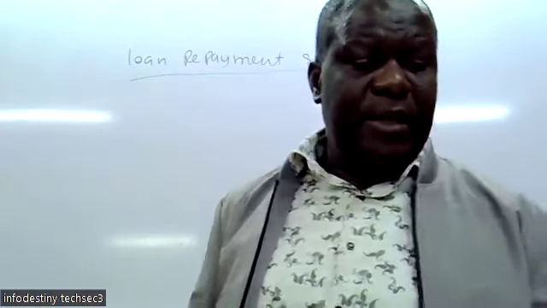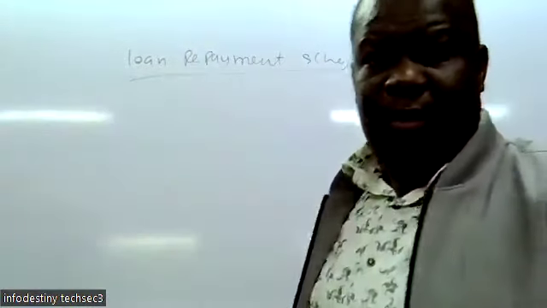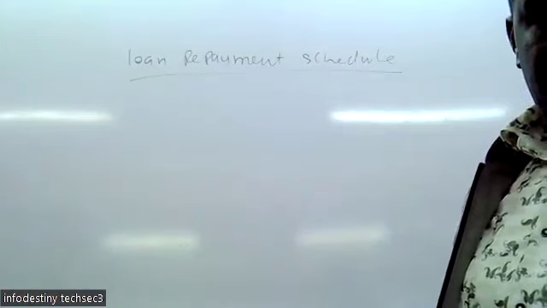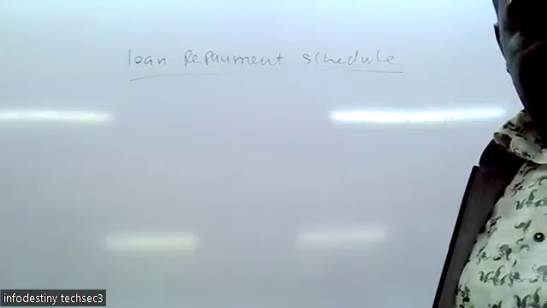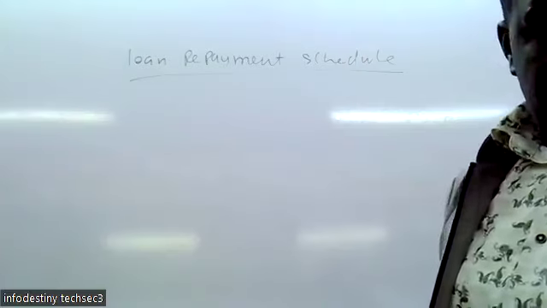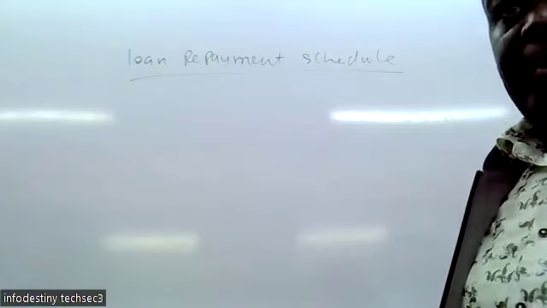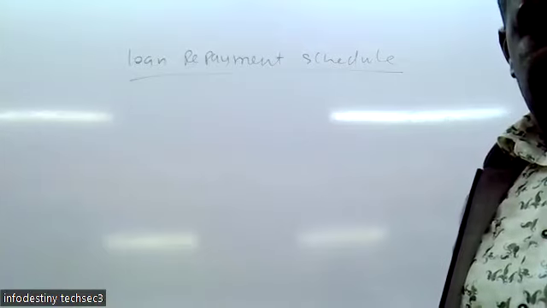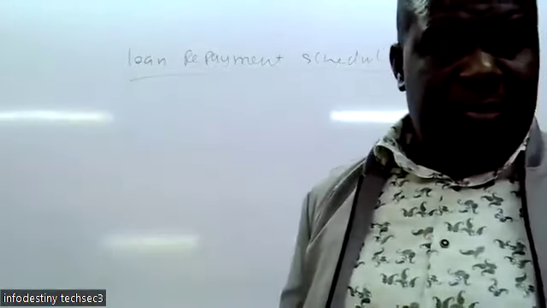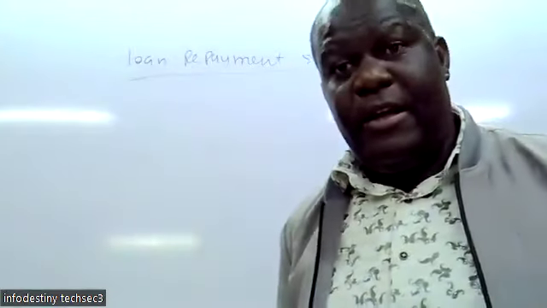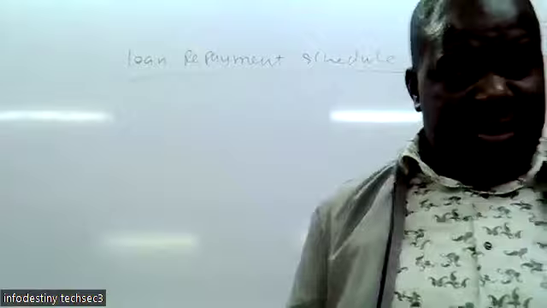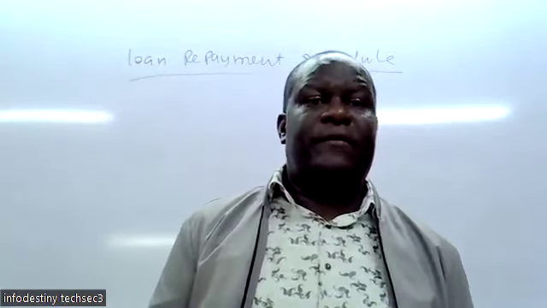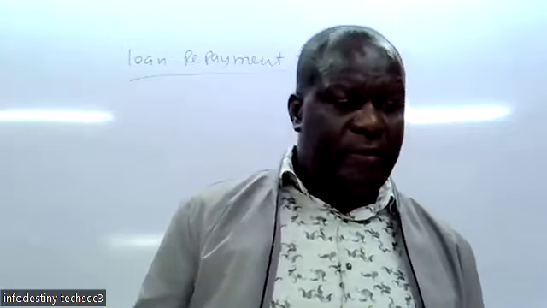But first, we summarize that it shows the amount borrowed, the installment payment, the interest for each period, the principal amount, and the outstanding balance at the end of each period.